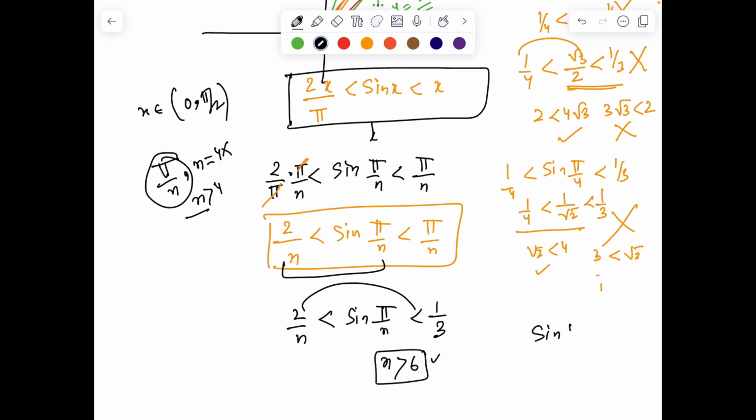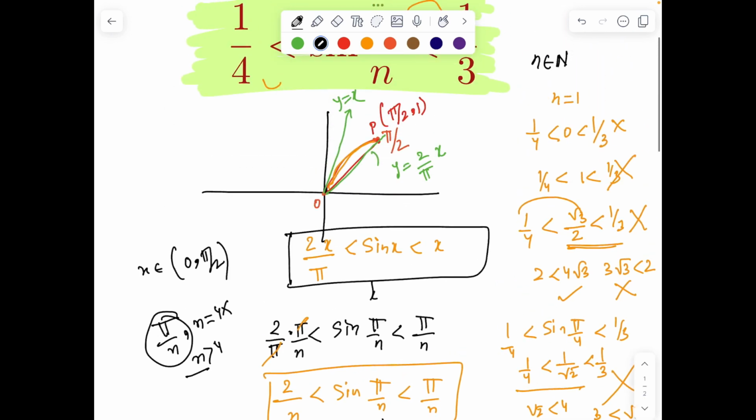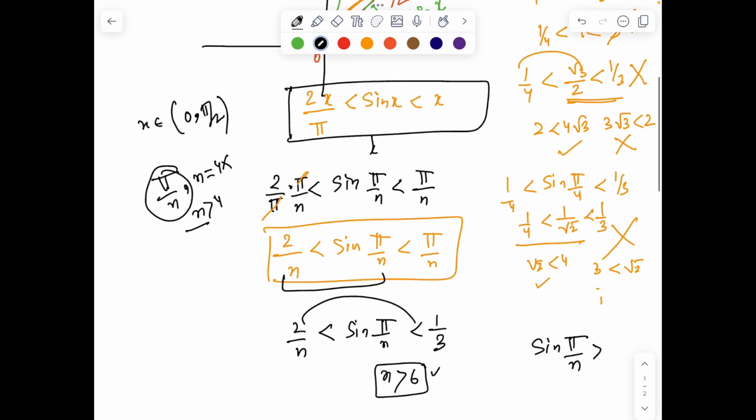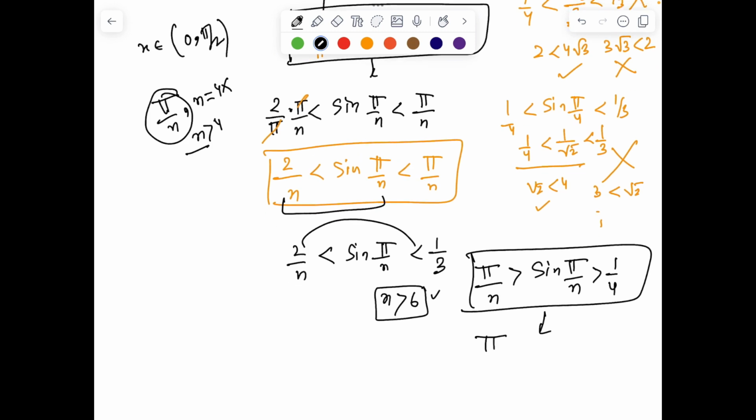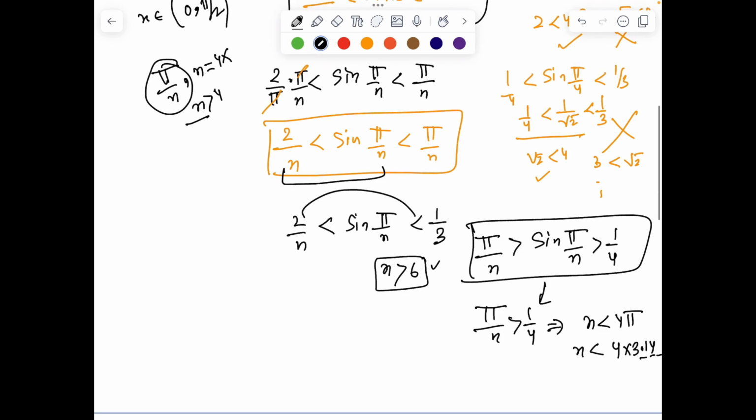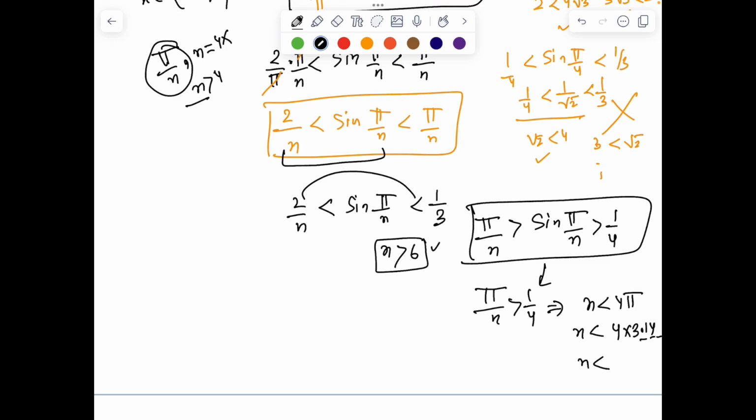Similarly, since sine pi over n is more than 1 by 4, but pi over n is more than sine pi by n, so from this inequality I'll get pi over n is more than 1 by 4, and that gives n to be lesser than 4 pi. Now pi is 3.14, so 4 into 3.14 something, so n will be lesser than.